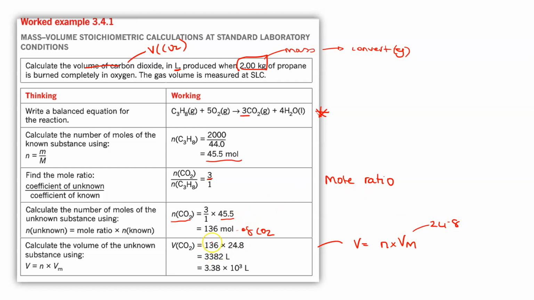When we do that, we get 136 mole multiplied by 24.8 gives us 3,382 litres. Again, 3 significant figures, so this is 3.38 times 10 to the 3 litres, remembering to use a capital L for your unit here. Okay, your turn now.